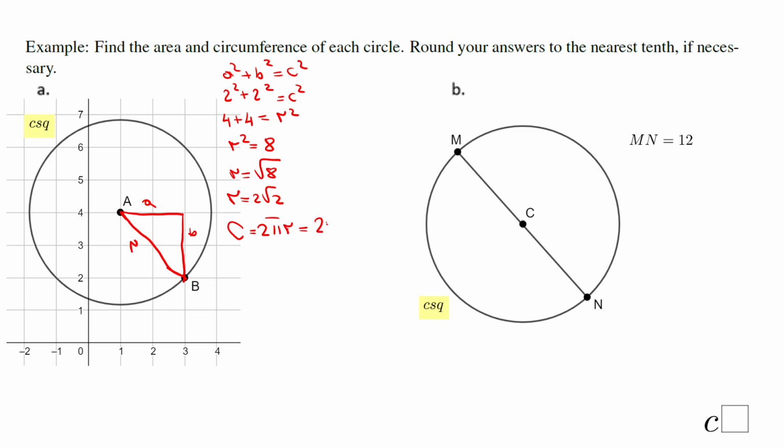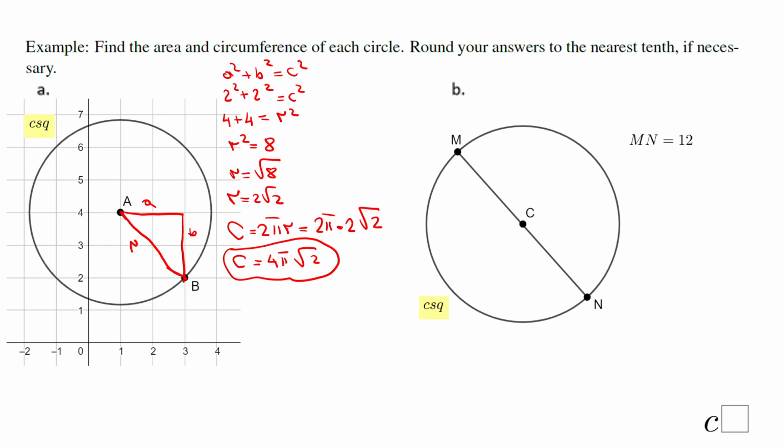Now we have the radius, so we can find the circumference, which is 2 pi r, and that will be 2 pi times the radius. Let's use this simplified form, 2 square root of 2, and the exact value is going to be 4 pi square root of 2, right? 2 times 2 is 4. This is the exact value. We need to evaluate this and round it to the nearest tenth, so let's use a calculator. If you have a pi button, that will be great.